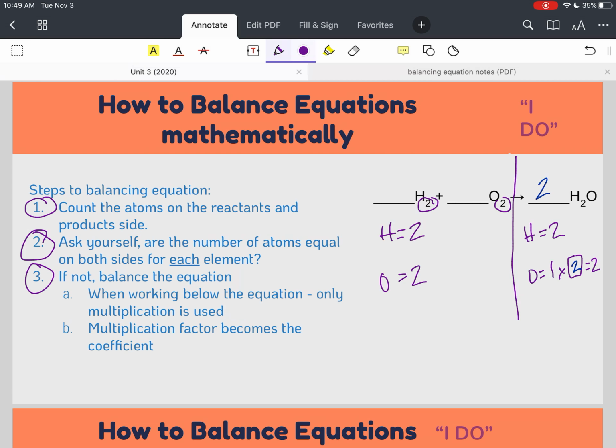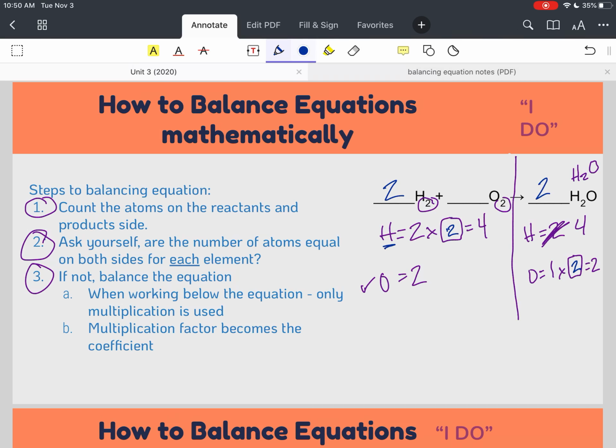Don't forget, because I put a 2 here, it's saying I have 2 whole water molecules. So I no longer have just 2 hydrogen, now I have 4. I fixed my oxygens, but by doing that, now I have to go back and look at my hydrogen. So 2 times what equals 4? That would be a 2.